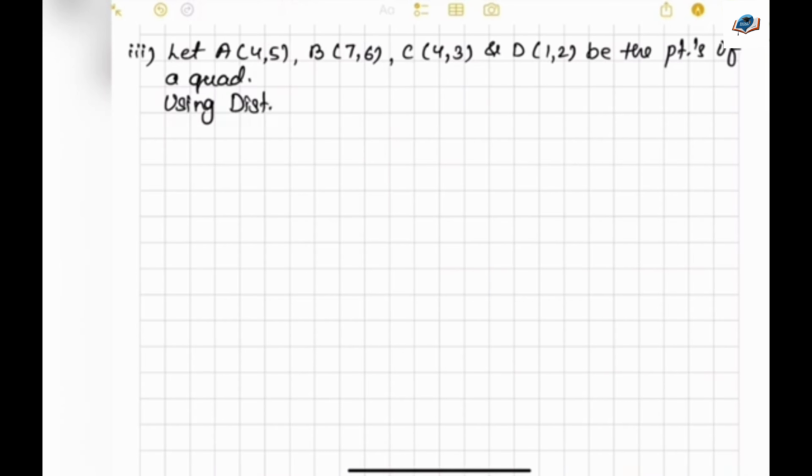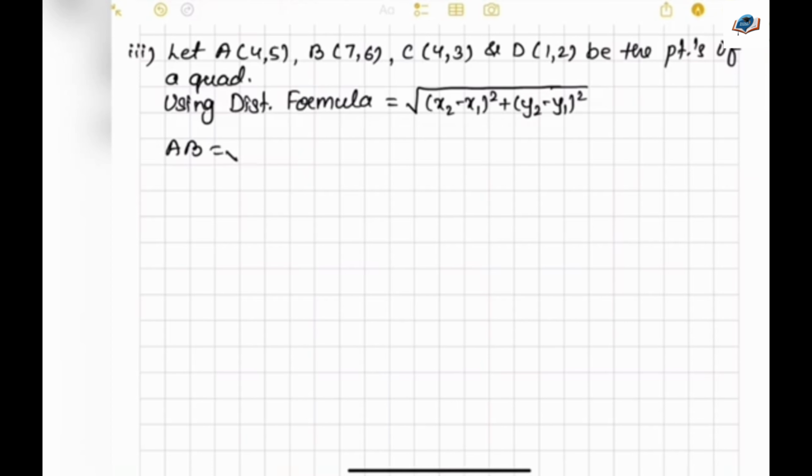So, using distance formula, that is square root of (x2 minus x1) whole square plus (y2 minus y1) whole square.